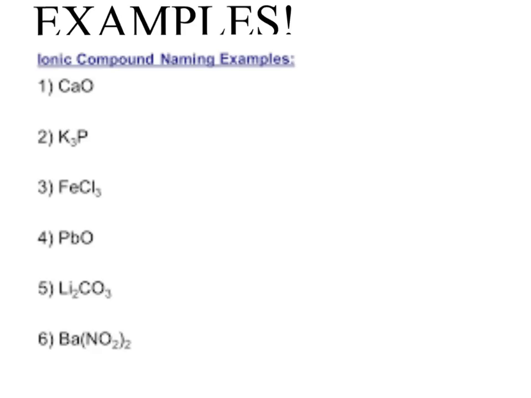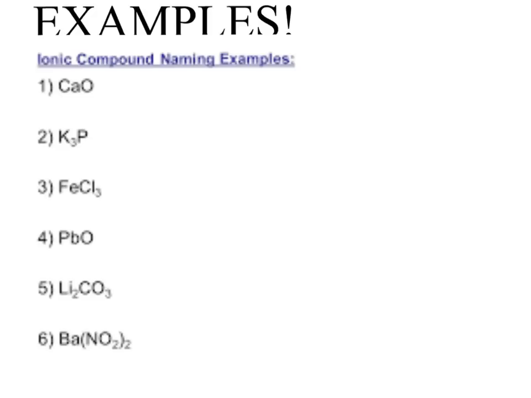Here are more examples on naming your ionic compounds. You should try these on your own and then check your answers to see if you got them right. So I want you to pause the video, do the problems, name them, and then check your answers.